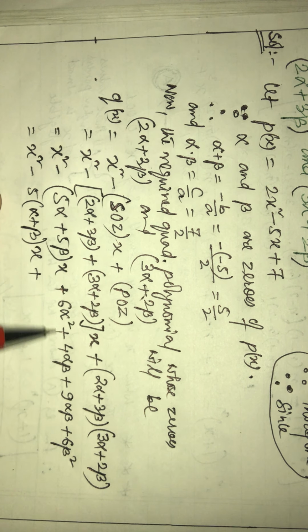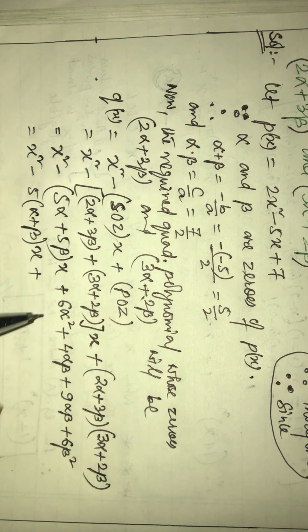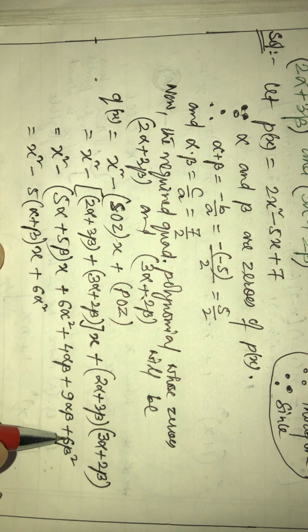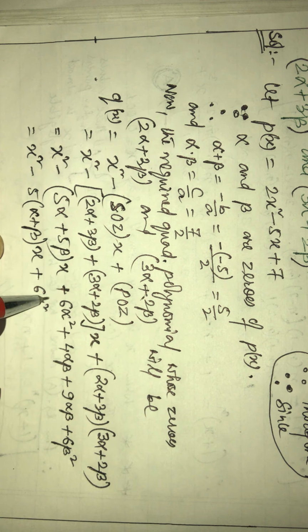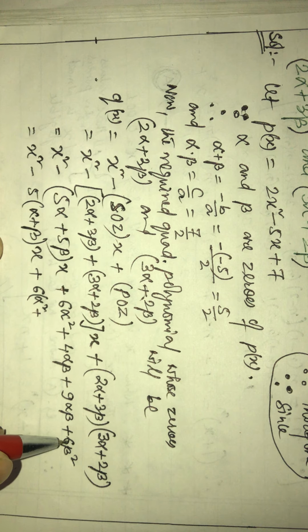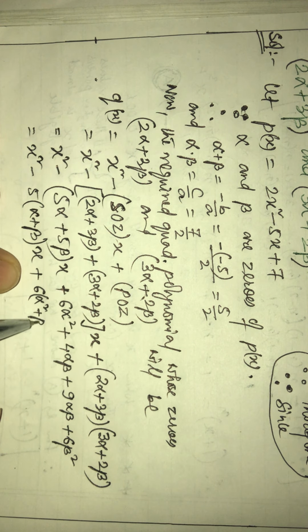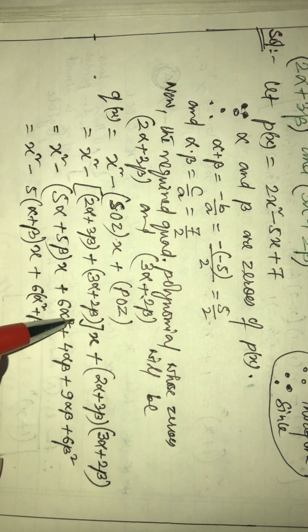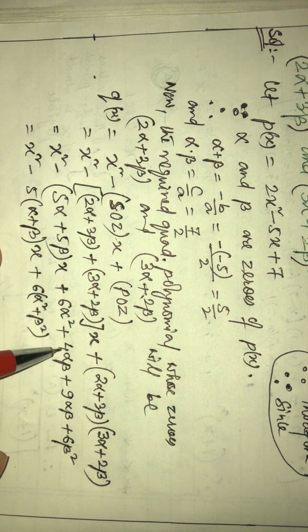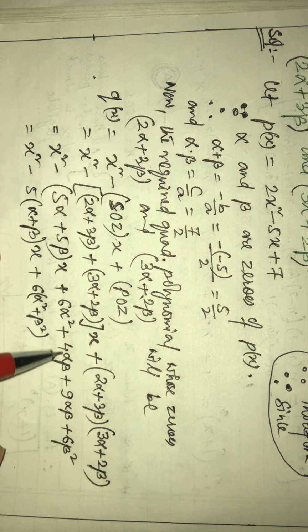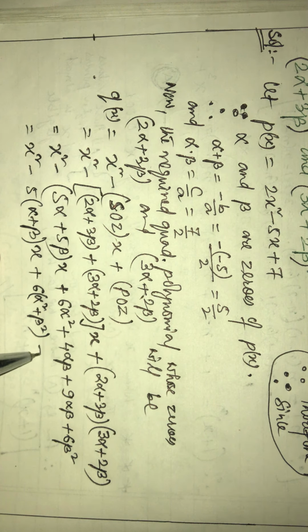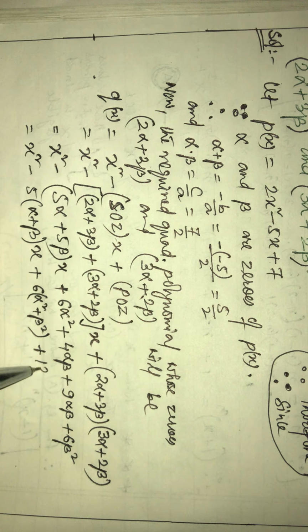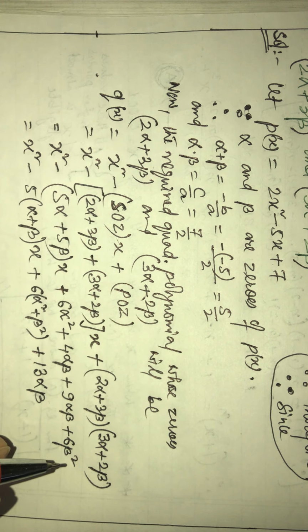We get 6 alpha square and 6 beta square, keep them together, 6 taken out as common, so 6 times alpha square plus beta square. Now the alpha beta like terms: 4 alpha beta plus 9 alpha beta, when you add them, because it's addition only, 4 and 9 will give you 13 alpha beta.